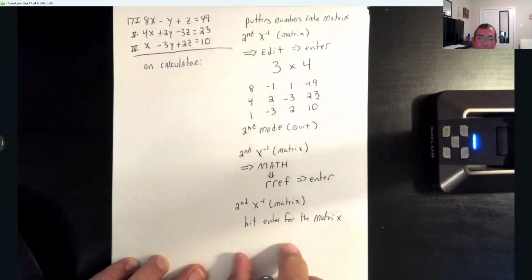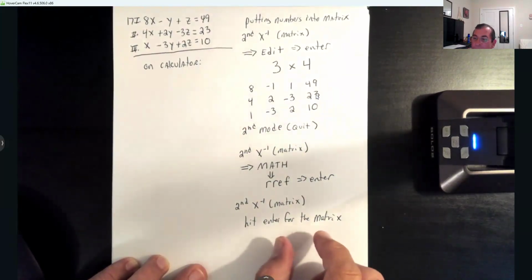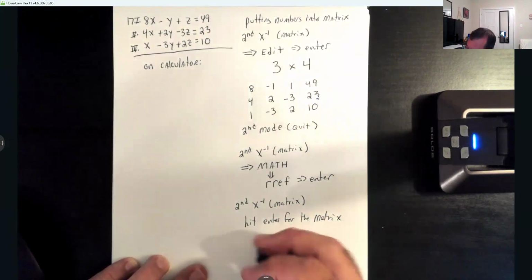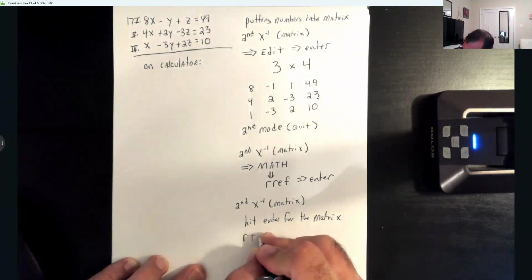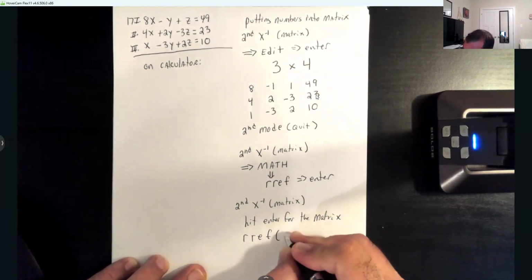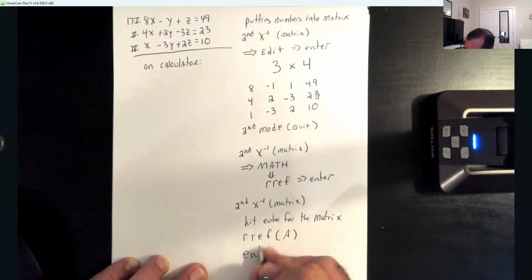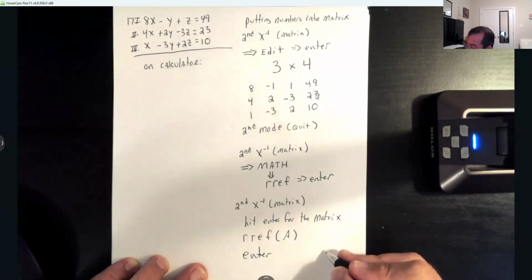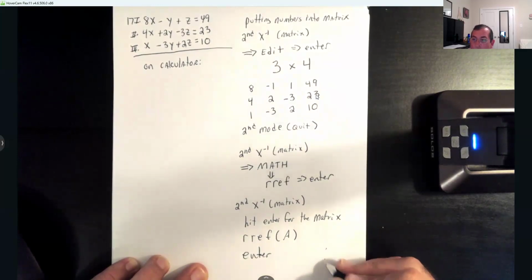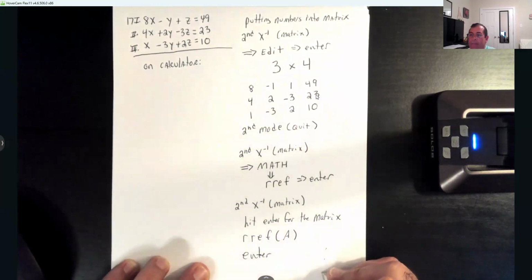At that point, it's going to bring up RREF and then your matrix A. So at this point, it should say this on the screen. Okay, so just hit enter. Once you hit enter, your answers will be in the right column, X, Y, and Z in order, okay?